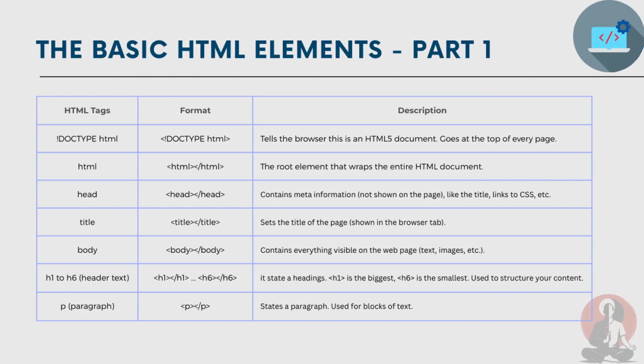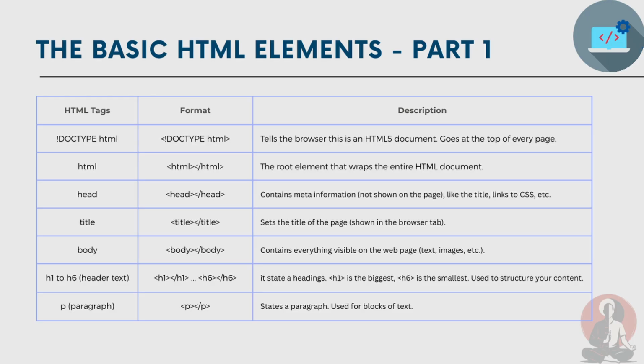Here are the HTML basic elements. Doctype HTML tells the browser this is an HTML5 document, and it always goes at the top of every page. The html tag is the root element that wraps the entire HTML document. Then, head.